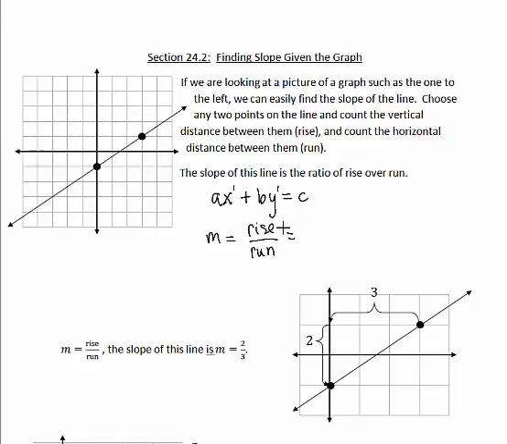What you want to do to calculate the rise and the run is have two definite coordinates on your line, and that's what we're given here with these two solid dots.